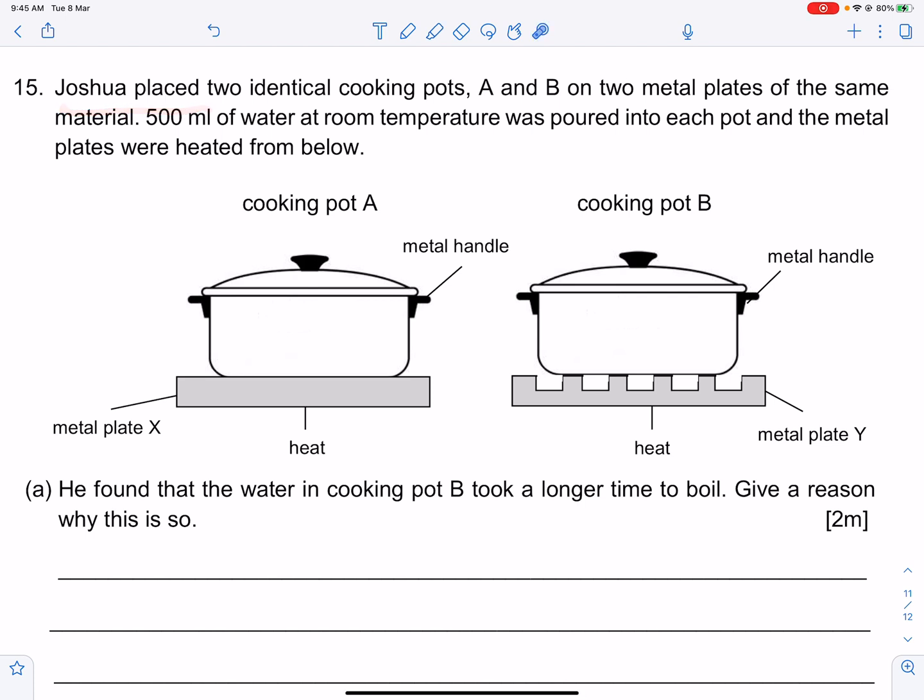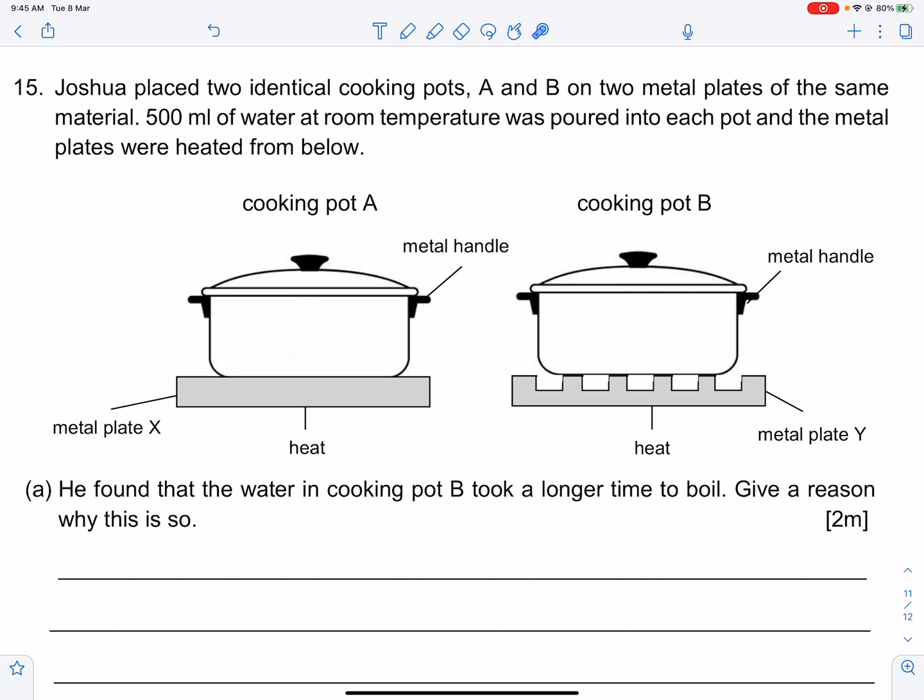Joshua placed two identical pots A and B on two metal plates of the same material. 500 ml of water at room temperature was poured into each pot. Okay, and the metal plates were heated from below.